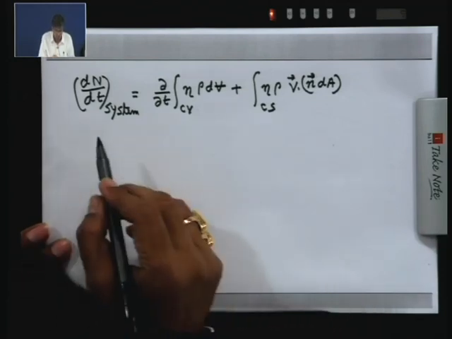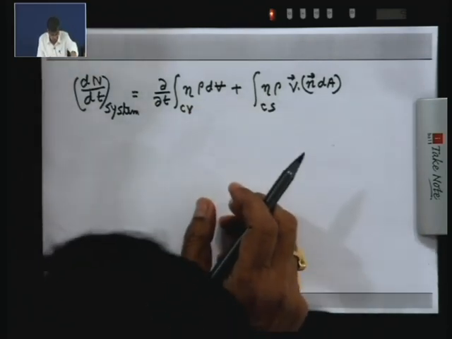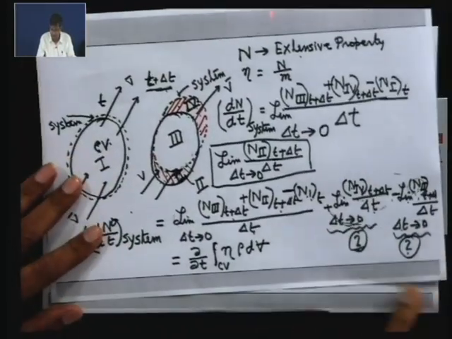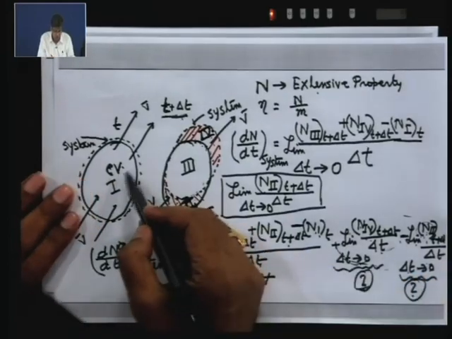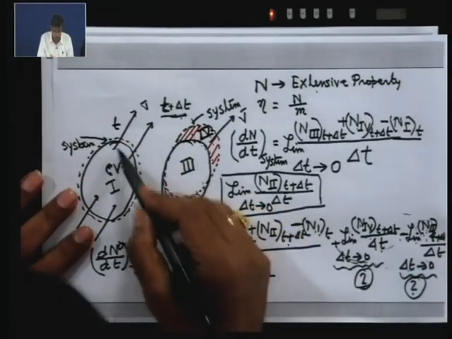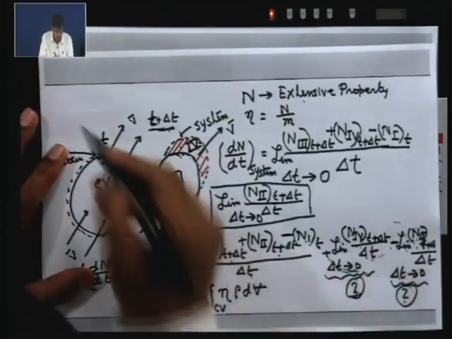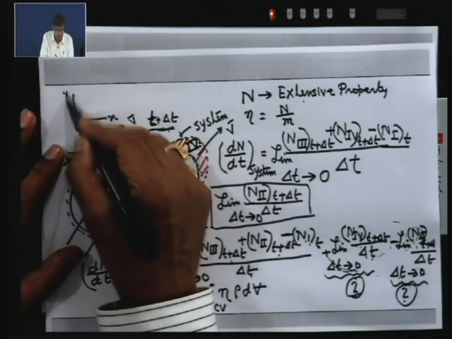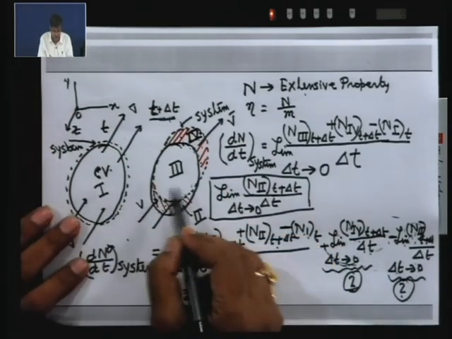Before stating the Reynolds transport theorem here, I will tell you another very important thing. While deriving this equation, the velocities have been described with respect to a coordinate system. Let us consider the coordinate system x, y, z, and in this analysis we have fixed the control volume.